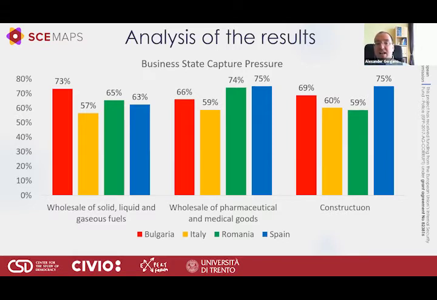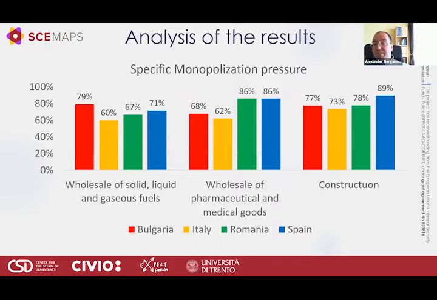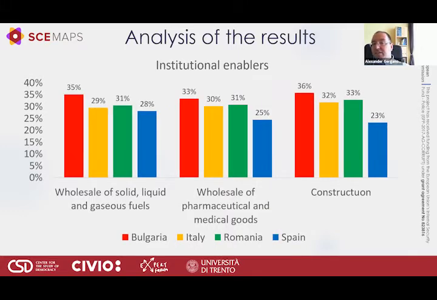So these high-level concepts are mainly used for long-term monitoring and for giving some general idea what the situation is in a country in a particular sector. But when moving down to general monopolization pressure and especially to specific monopolization pressure, we can see where the actual problems really are. And these are the level 2 indicators.